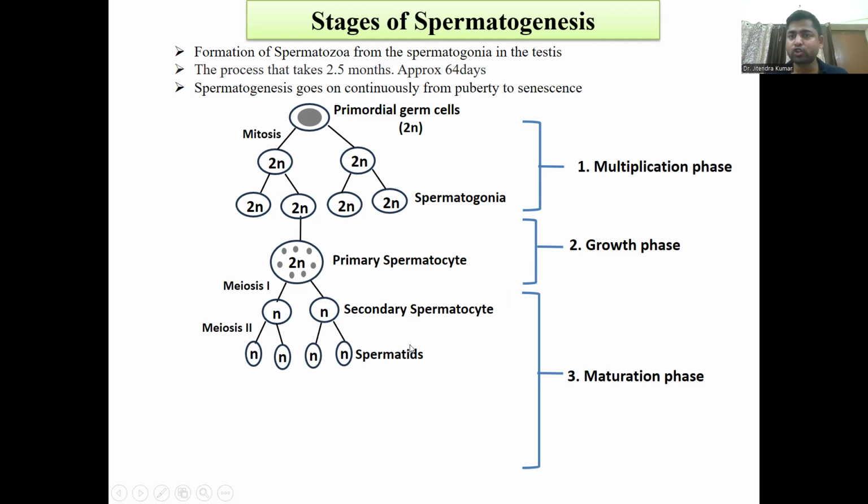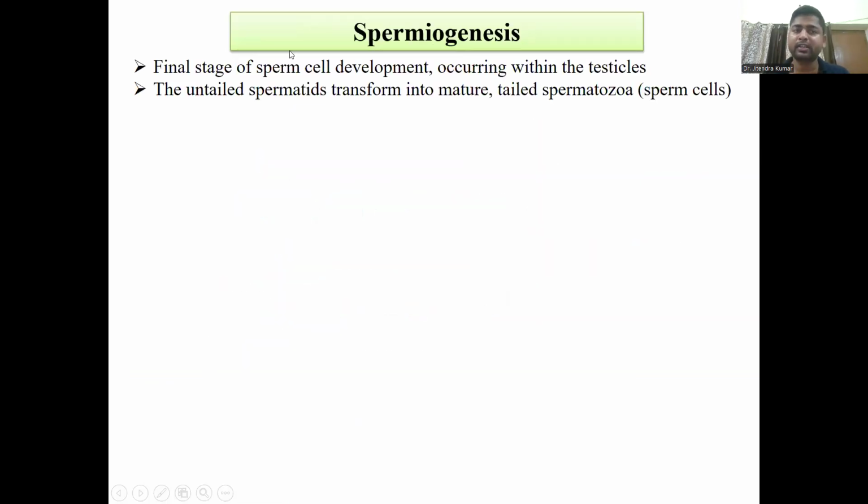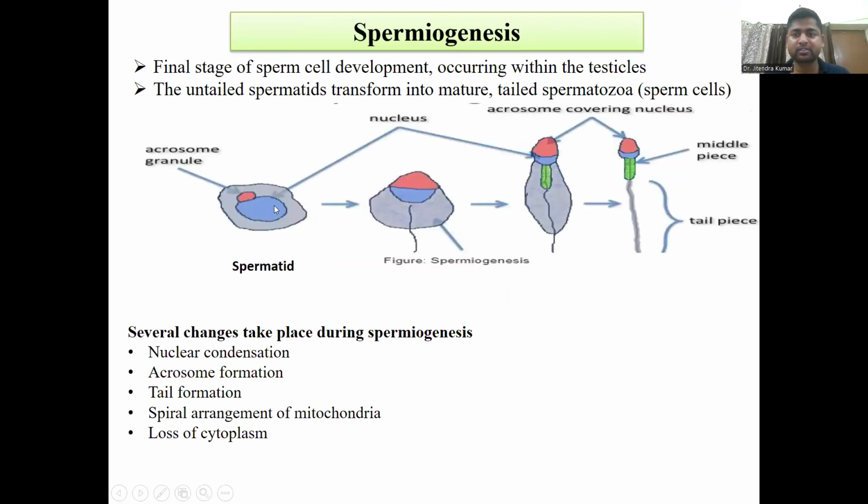And at the later stage of spermatogenesis, the spermatids are transformed into a tailed structure, which is known as sperm or spermatozoa, by the process of spermiogenesis. Spermiogenesis is the last stage of spermatogenesis, which occurs in the testis. During this process, the untailed spermatids are transformed into tailed spermatozoa.